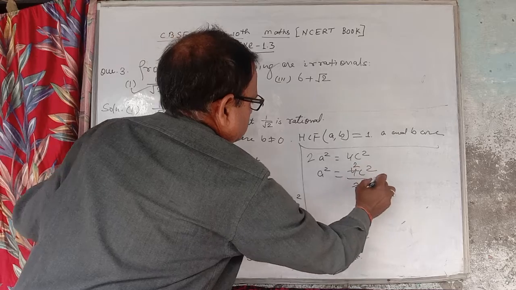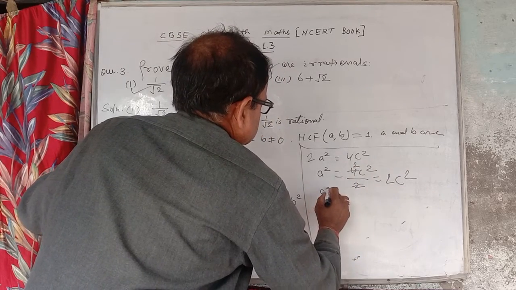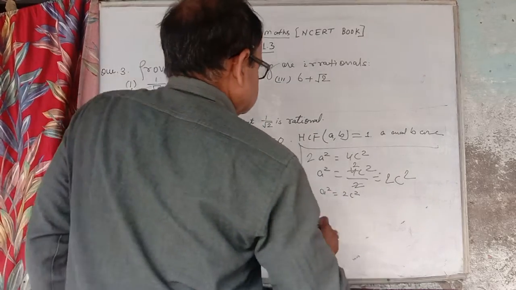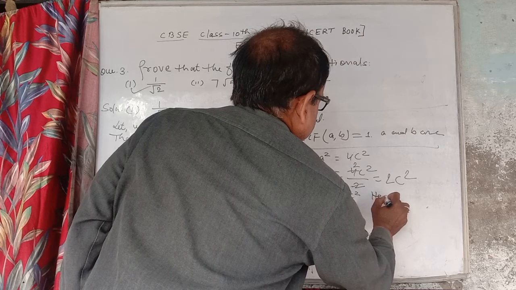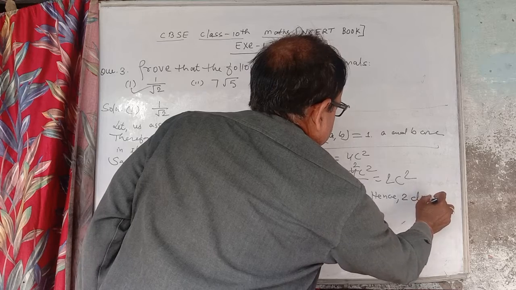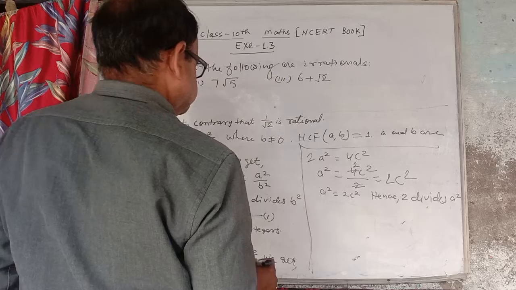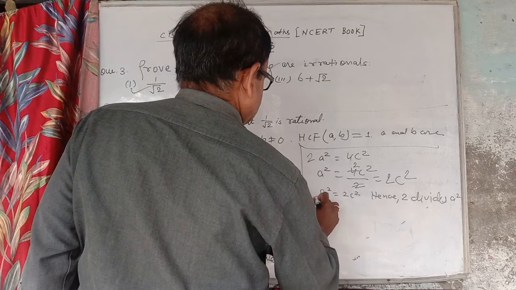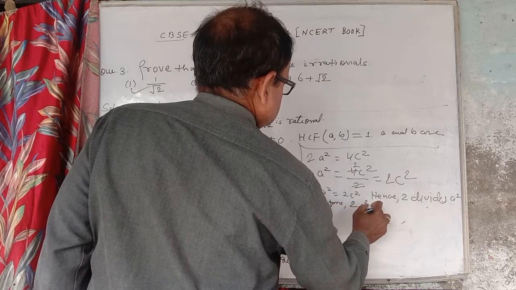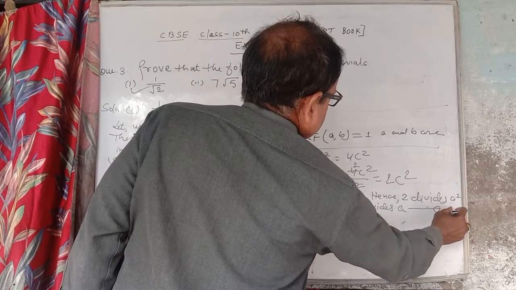So 4 cancels with 2 two times, that's equal to 2c square. a square is equal to 2c square. Hence 2 divides a square. Therefore, 2 divides a. Equation 2.